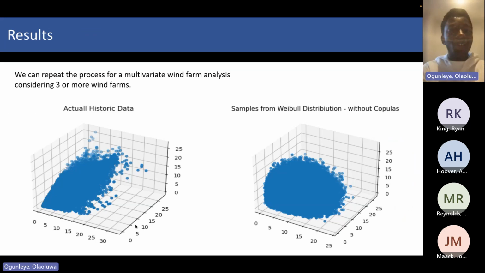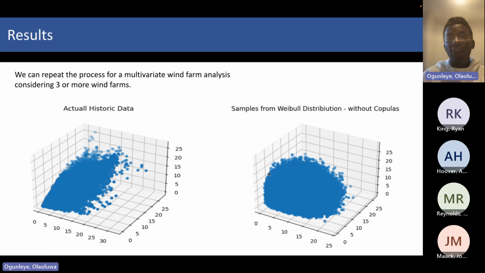So here's what our result looks like. If I pick three wind farms in particular on the site, the actual historical data is just showing the joint distribution, i.e. the correlation and covariance between the three wind farms.